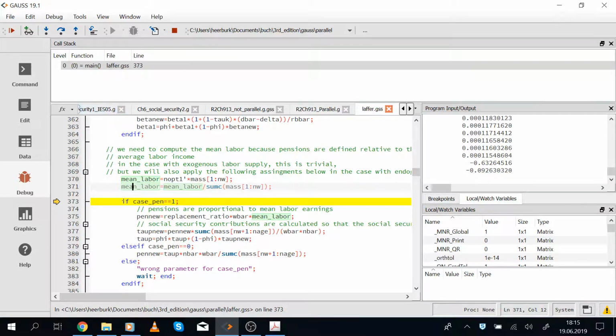And of course, as a consequence, mean labor is not equal to 0.25, but it diverges a little bit from it.